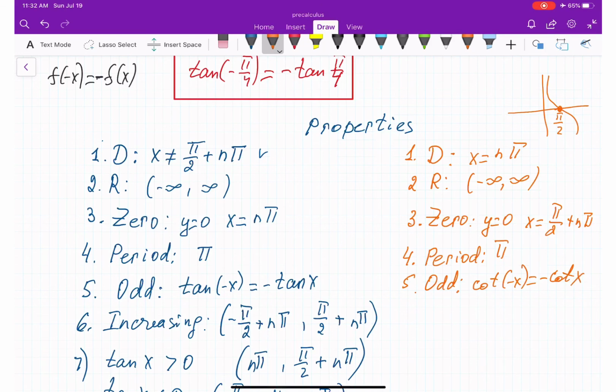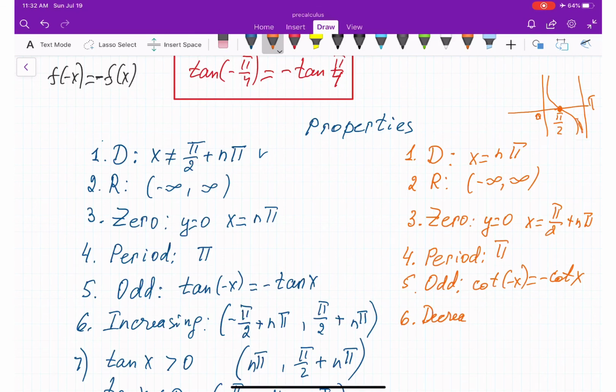What else do we have? Increasing. So we saw that while tangent is increasing, cotangent is decreasing throughout the 0 through pi period. This is our 0, this is our pi, so it's decreasing, right?